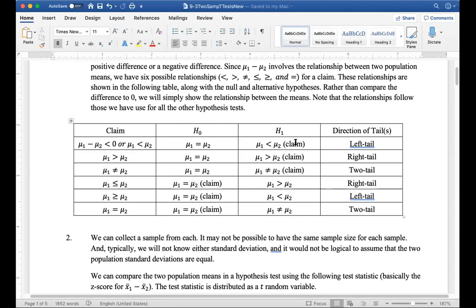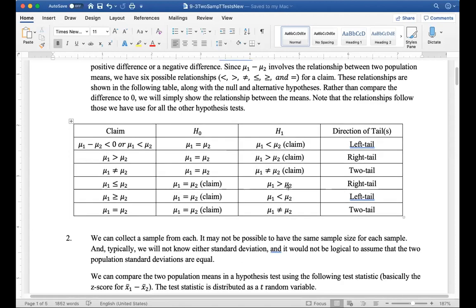And the alternate hypothesis, again, if it's less than, it's left tail. If it's greater than, it's right tail. If it's not equal, it's two tail. So everything in terms of relationships is going to be the same in this kind of hypothesis test.